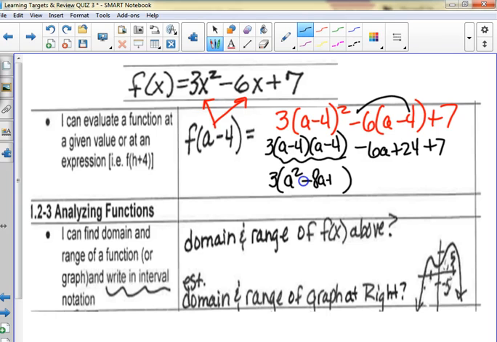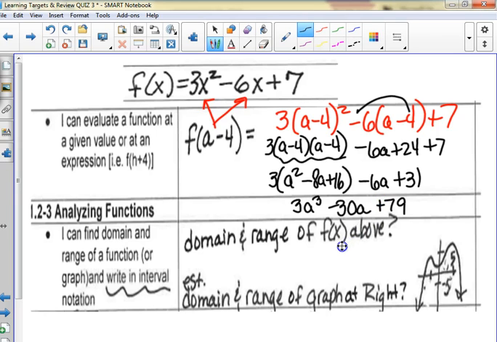Minus 8a plus 16. So I get 3a squared. I don't have a lot of room, guys. Minus 24 and minus 6 more is minus 30a. Plus 48 plus another 31. 48, 79. I don't know.